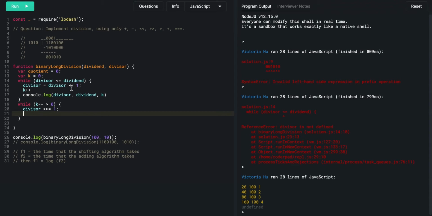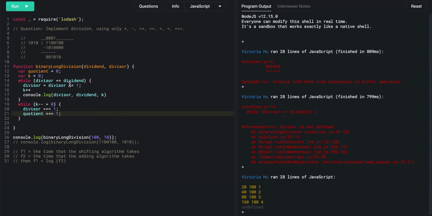And then we're going to shift our quotient left. So that's to log all the shifting that we did with our divisor.